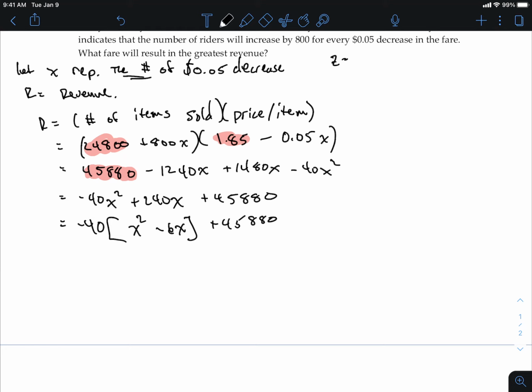Z is equal to negative 6 divided by 2, squared. It's negative 3 squared, which is equal to 9. So you go back into the square brackets: x squared minus 6x plus 9 minus 9, square bracket, plus 45,880.